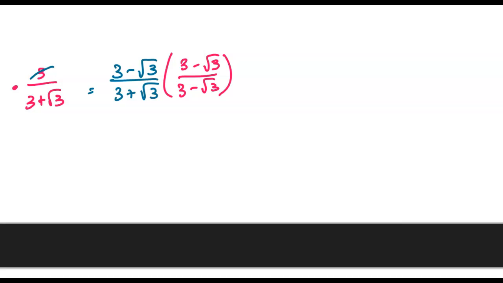How do you multiply 2 terms times 2 terms? A binomial times a binomial. FOIL. I like to call it double distribute. What is 3 times 3? 9. What is 3 times negative square root 3? Good.